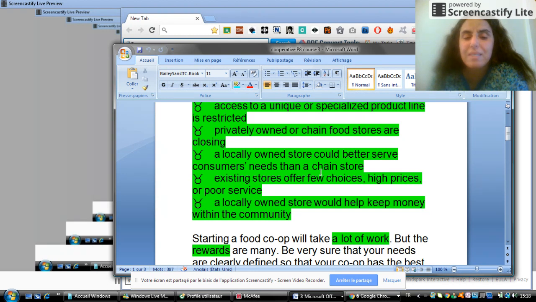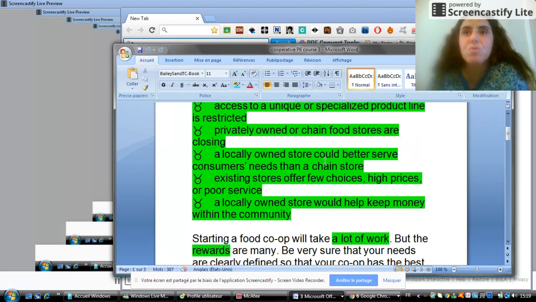So in this case, the author believes that a locally owned store, that is a supermarket that members living in a particular geographical zone could own together, that is, they could use every day together, could better serve their needs than a faraway store.